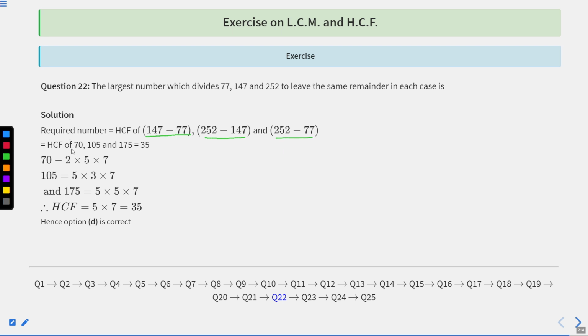So the HCF of 70, 105 and 175 is equal to 35. That means 70 is 2 times 5 times 7, and 105 is 5 times 3 times 7, and 175 is 5 times 5 times 7. So the HCF is going to be 5 into 7, which is equal to 35. So the correct option here is option D.